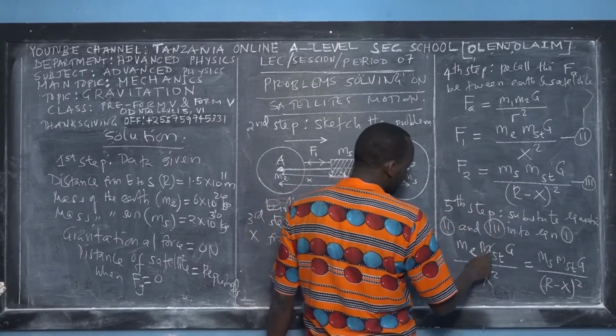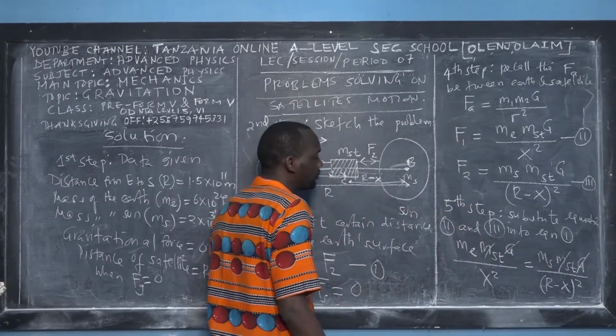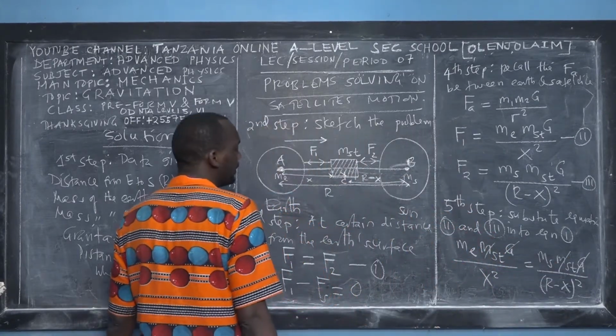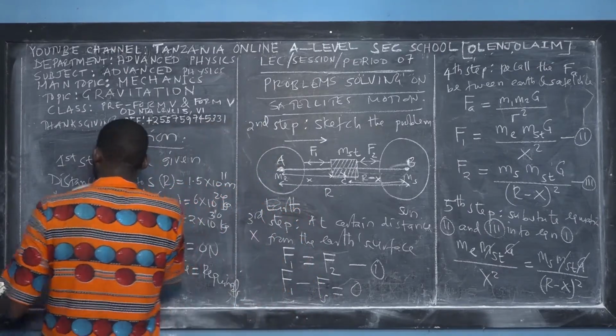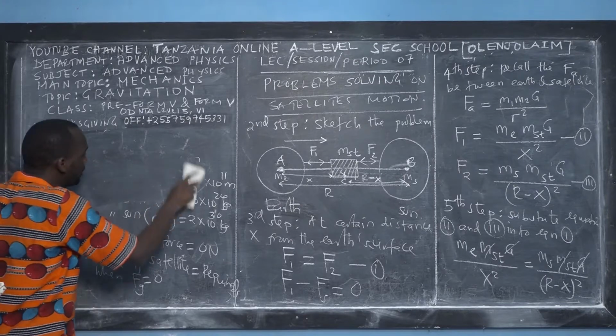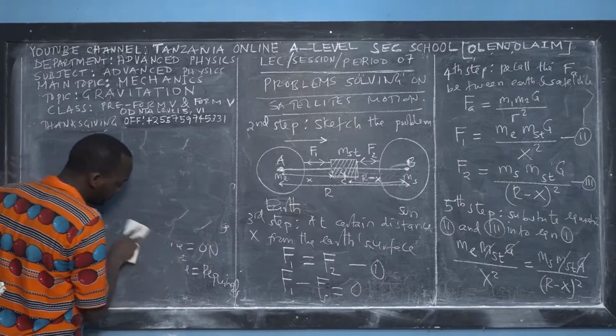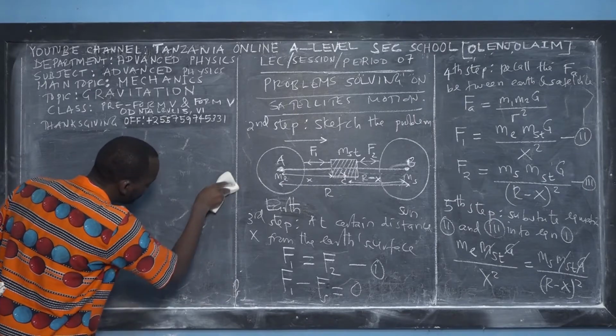So the mass of the satellite and the mass of the satellite cancel, the universal gravitational constant and the universal gravitational constant cancel, and we remain with a few physical quantities. You see how interesting the concept of the satellite is? Yes, it's beautiful.